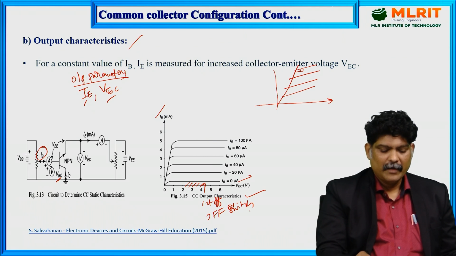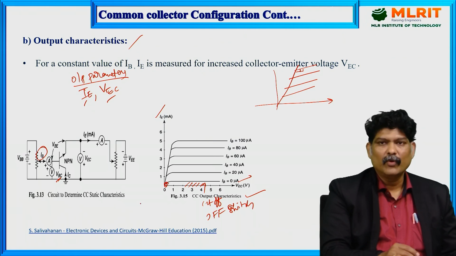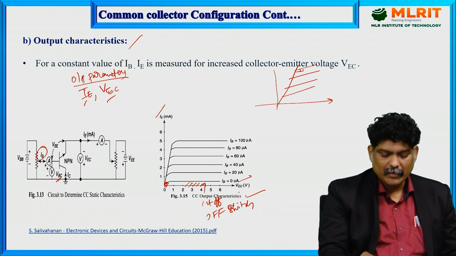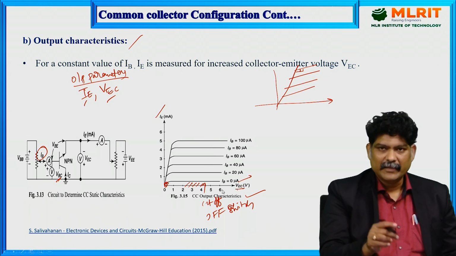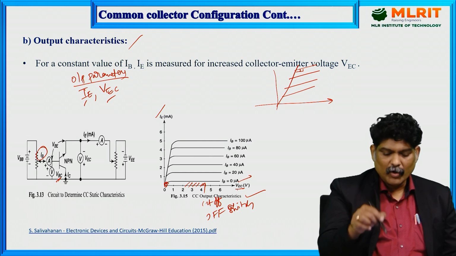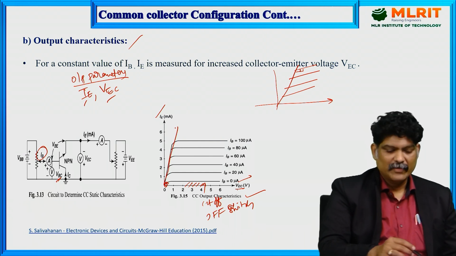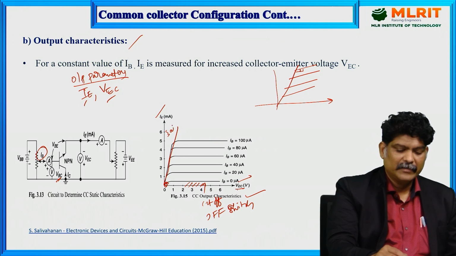If you observe here, there is no need to apply much VEC. For low values of VEC, there is a drastic increase in the current. So this area can be termed the saturation region.